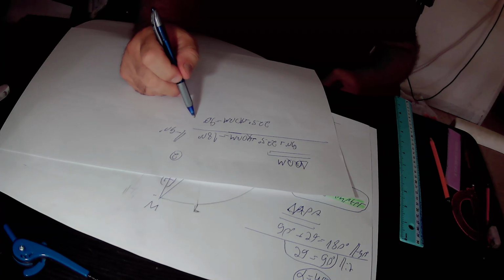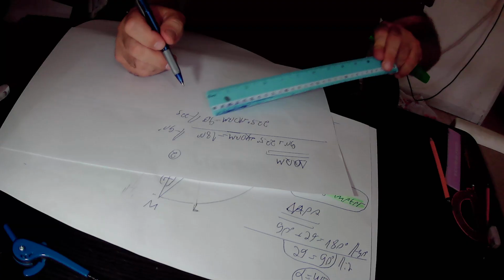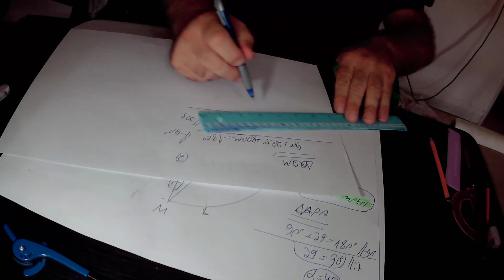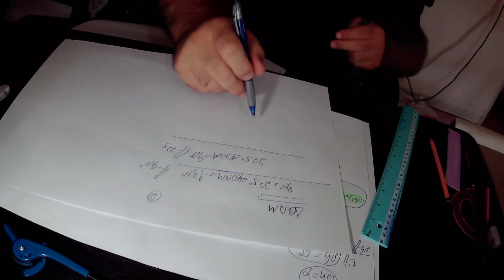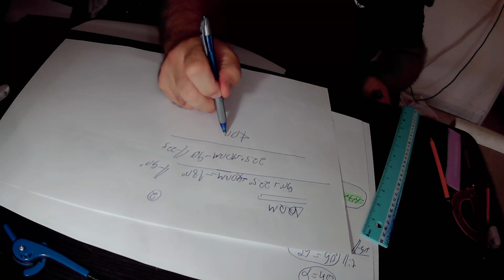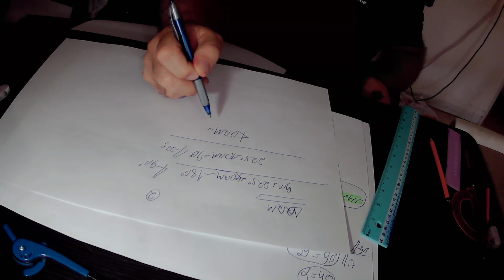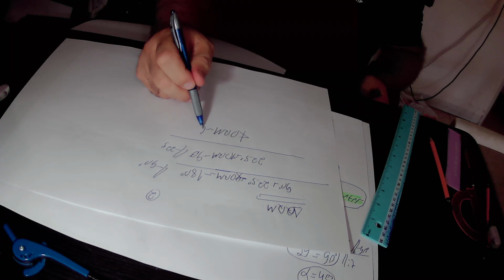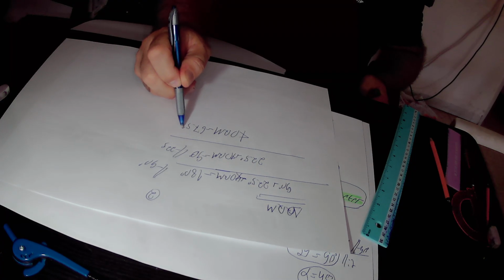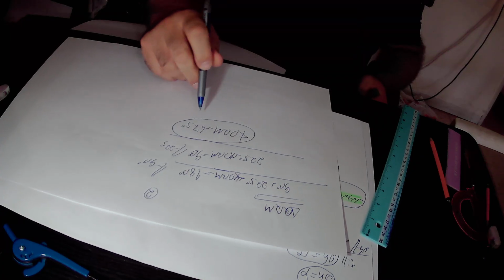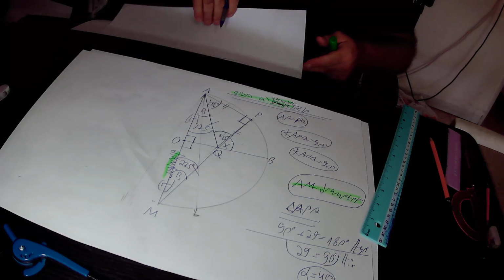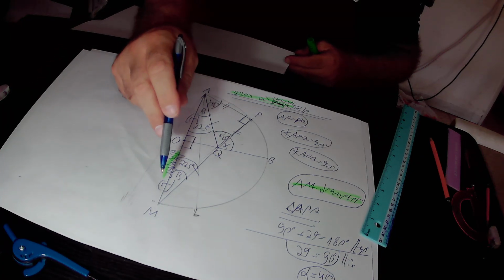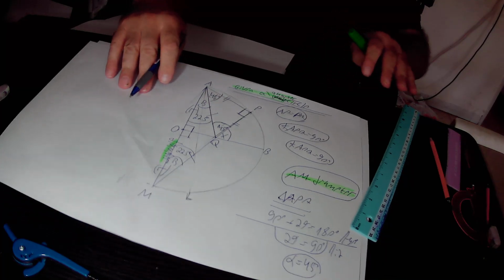Here we subtract 22.5 degrees from this equation, and we get that the size of the missing angle OQM is equal to 90 degrees minus 22.5 degrees, which is 67.5 degrees. So we found out that the size of the missing angle OQM is 67.5 degrees.